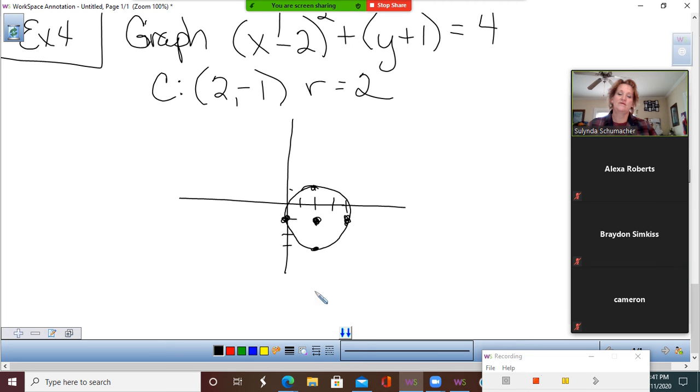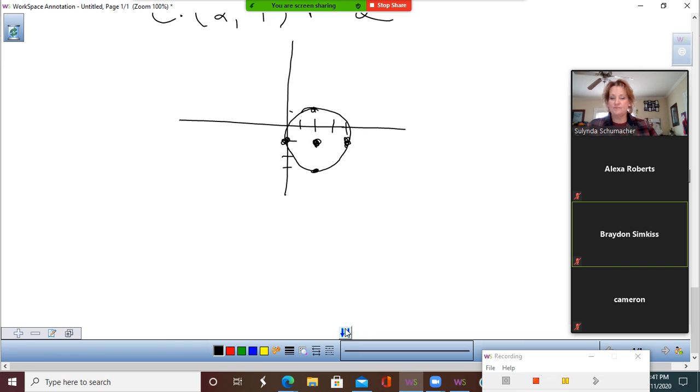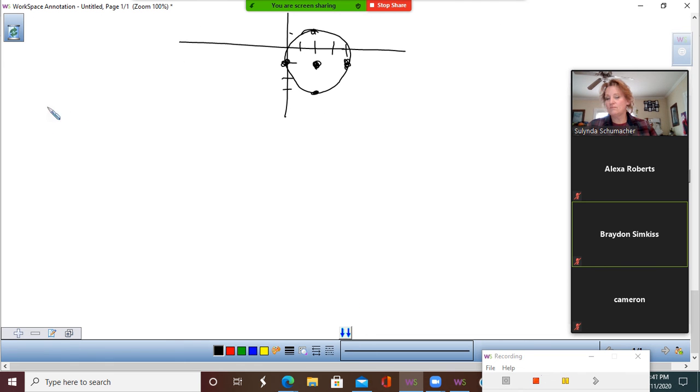All right, so here's the last thing I need to talk about. There is what's called conic form of a circle. Conic form actually does not have it in the translation form.